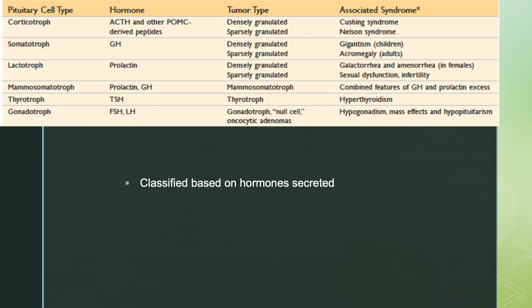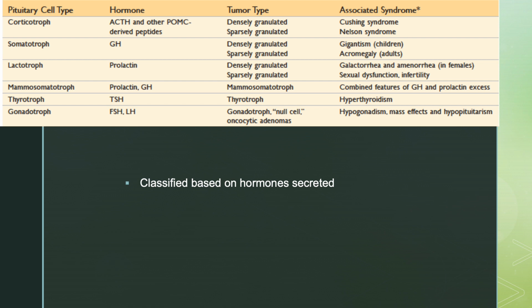Mammosomatotrope is a characteristic type of pituitary tumor in which two hormones are being secreted, namely prolactin and growth hormone. Various combinations of hormones can be secreted together. However, prolactin and growth hormone are the most common combination. Thyrotroph secretes TSH, which results in hyperthyroidism.